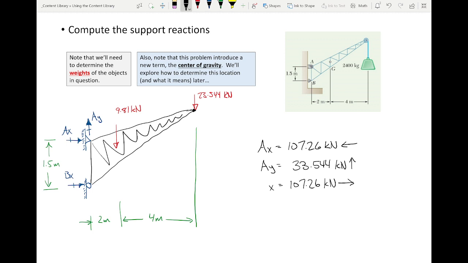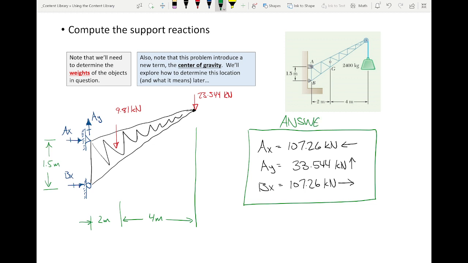Now, here's the thing. I think that AY should be pretty easy to determine. What would be a simple way of figuring AY? I mean, sum forces in the y direction. What do you have? You got that down, that up.